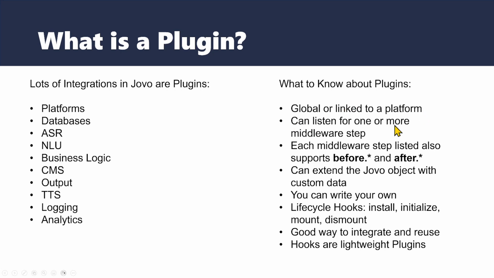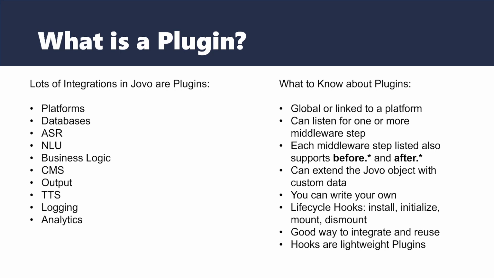Plugins can listen for one or more middleware steps. And as the pipeline is being processed middleware step by step, any plugins that are associated are listening for a specific middleware step. When that happens, the code for that plugin is executed for that step.